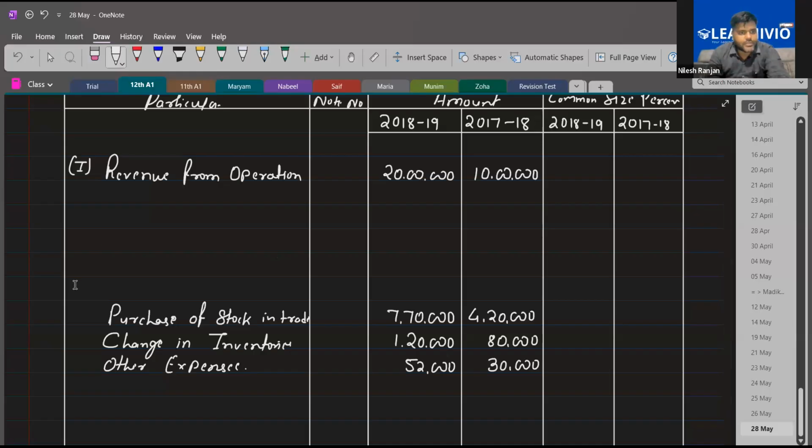So is there any other expenses item? No, other income is also good. Okay. Other income. The third item will be total revenue.